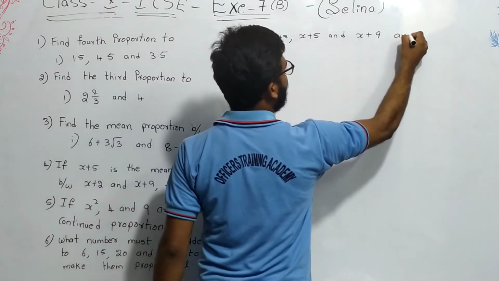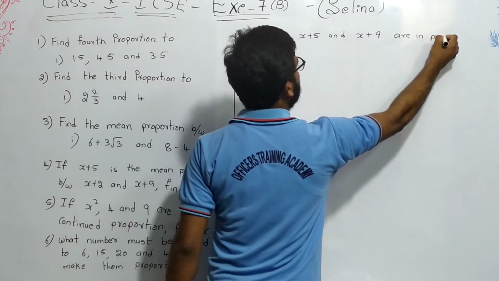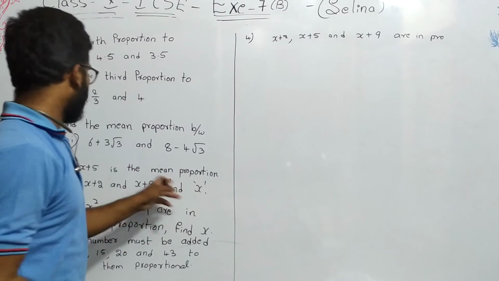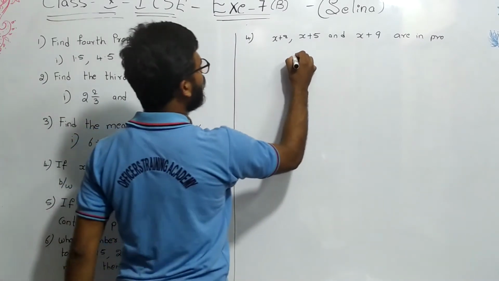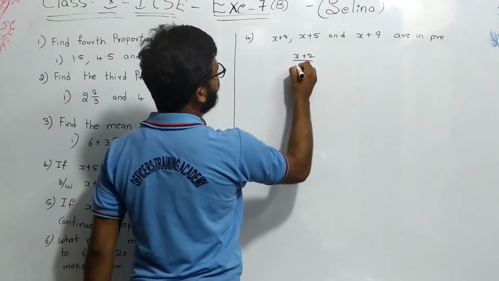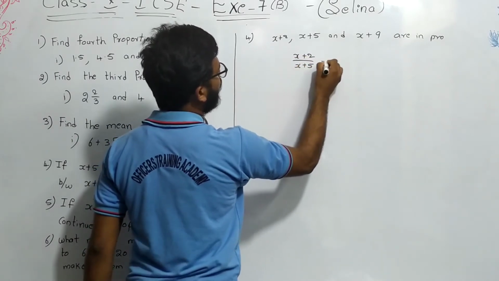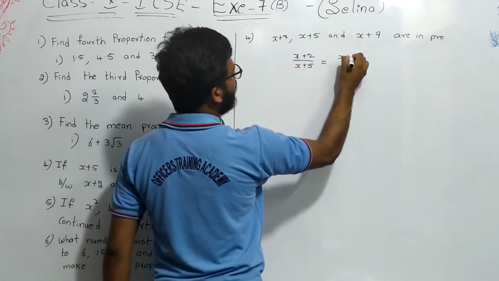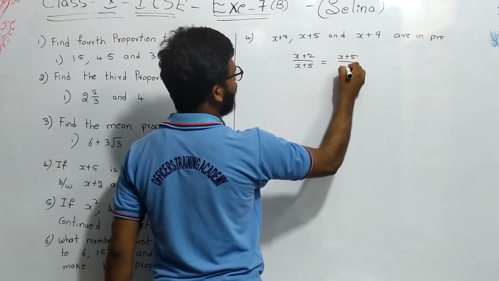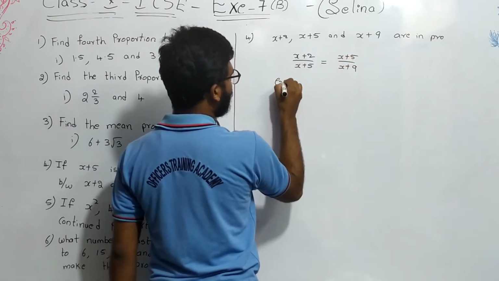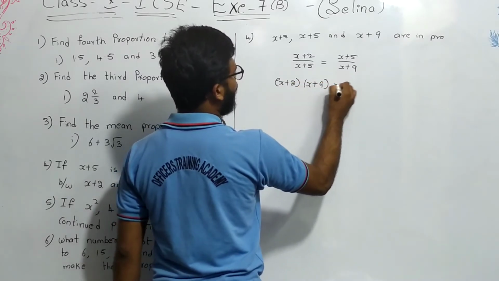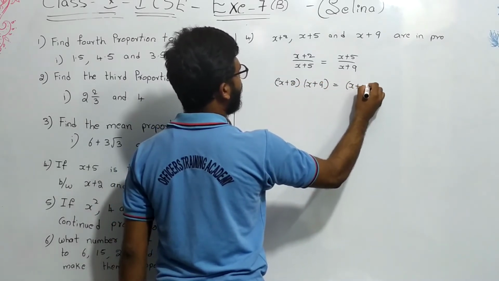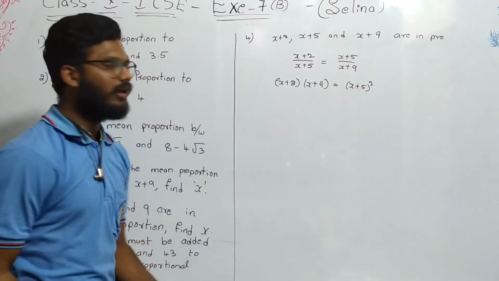So these three are in proportion. So you can write x plus 2 by x plus 5 is equal to x plus 5 by x plus 9. So cross multiplying, x plus 2 into x plus 9 is equal to x plus 5 into x plus 5, nothing but x plus 5 whole square, right?